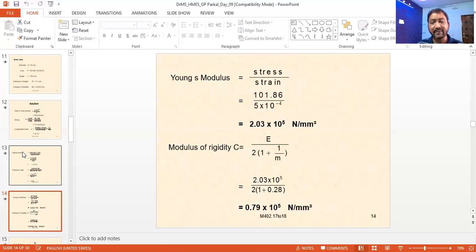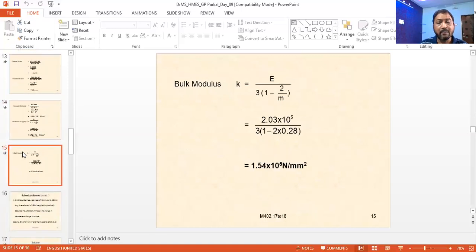Here 1 by m is the Poisson's ratio value. So substituting those values, 2.03 into 10 power 5 by 2 into 1 plus 0.28. Ultimately we get the modulus C is equal to 0.79 into 10 power 5 newtons per square millimeter.